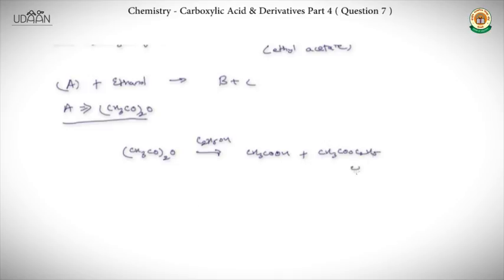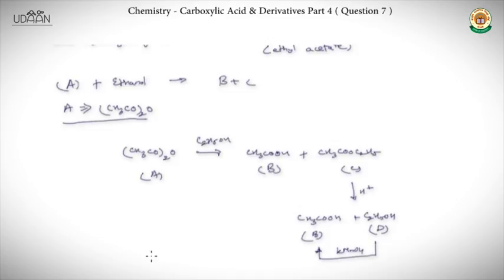Then this was compound C, this was B, and this was A. C on reaction with H plus gave us again acetic acid, which was compound B, and ethanol, which was our compound D. And ethanol on oxidation gives acetic acid, as we all know.